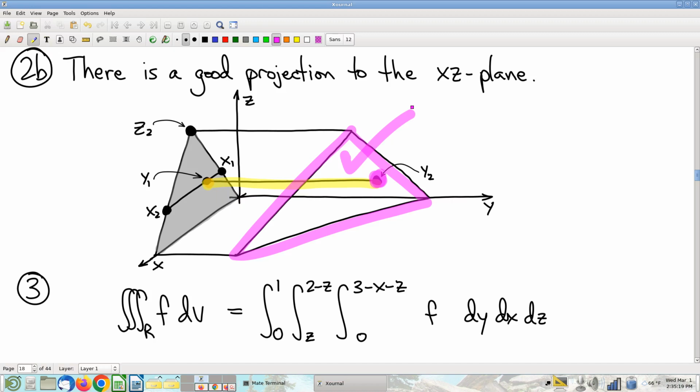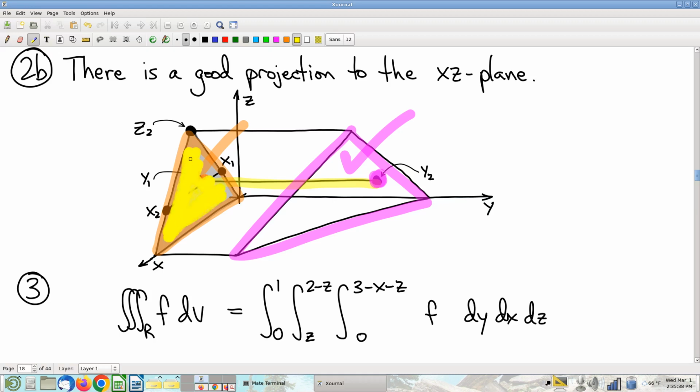And then the lower bound for y is always on this face, which, of course, has a consistent, very convenient single formula. So this is, again, a good projection.